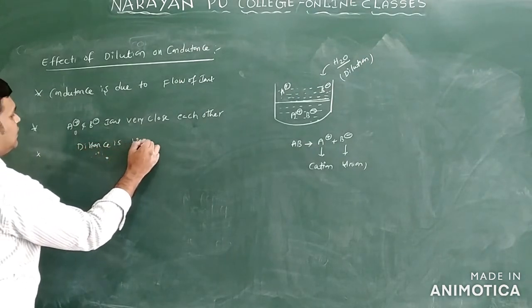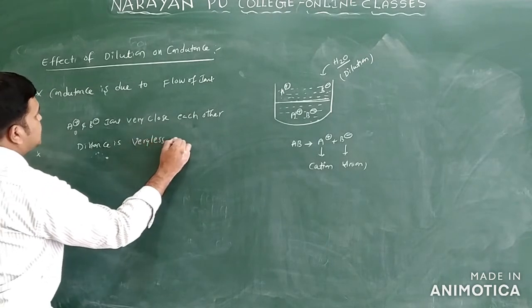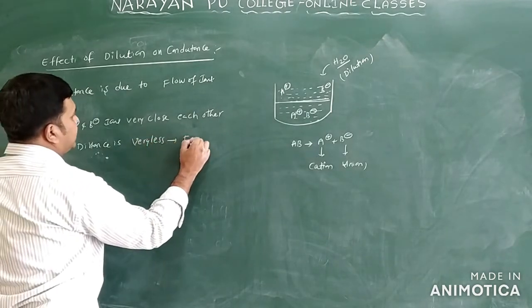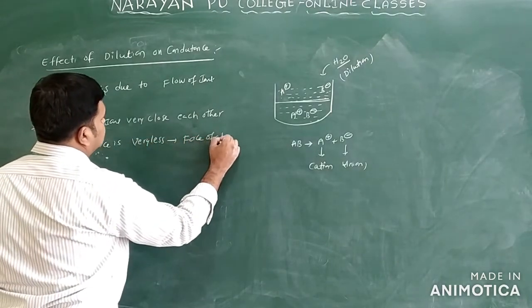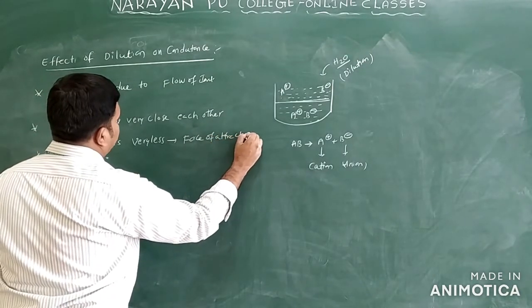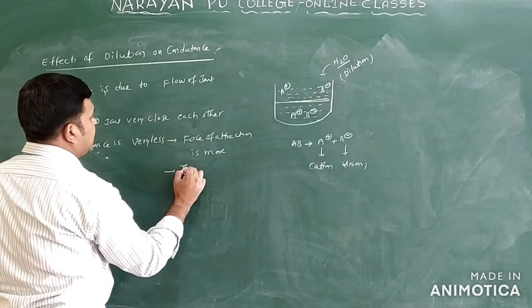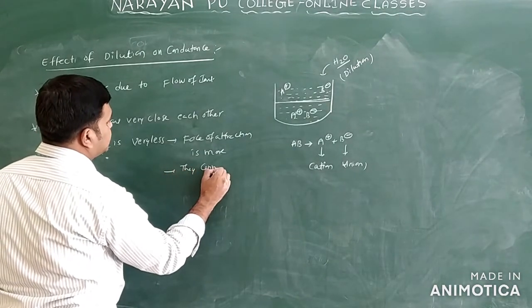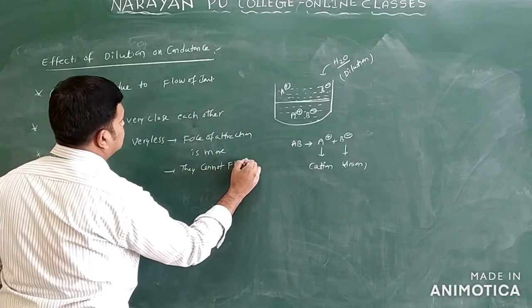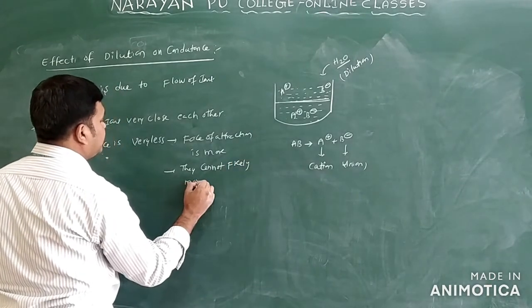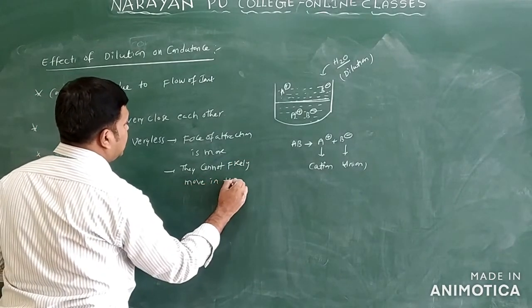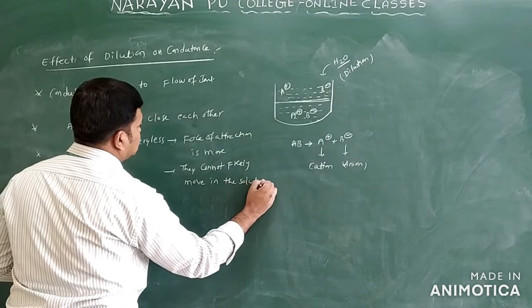If the distance is less, what happens? Force of attraction is more. They cannot freely move in the solution generally.